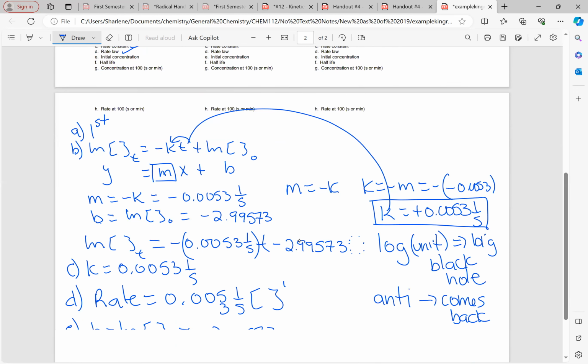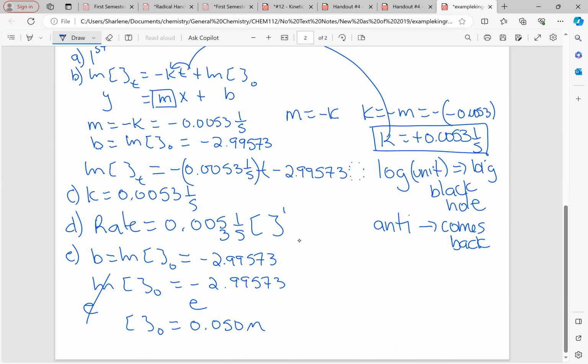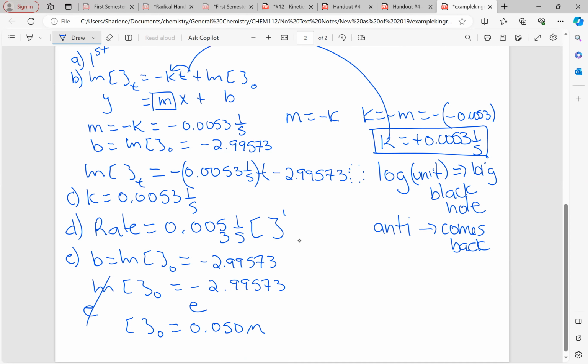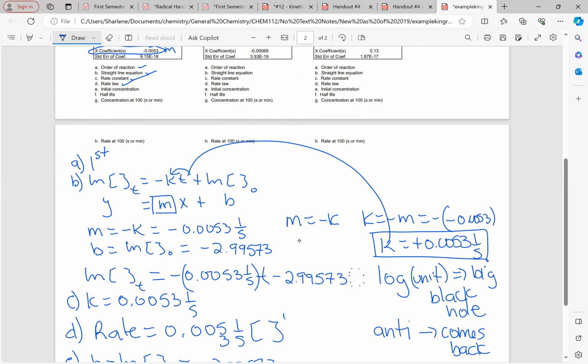All right, half-life. Oh, well, how can we figure out half-life? Well, there's 2 ways to do that. I could actually plug in half the initial concentration, or I can just go look up the half-life equation. And the half-life equation for first order is 0.693 divided by the rate constant, which is 0.0053 inverse seconds.